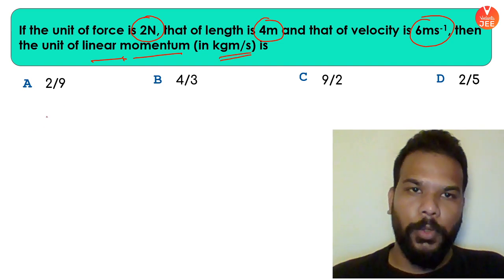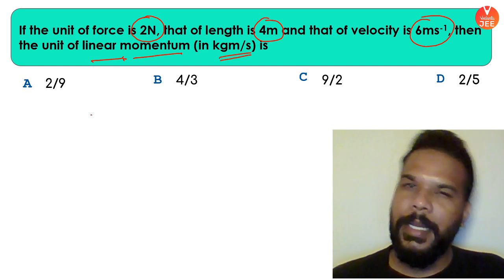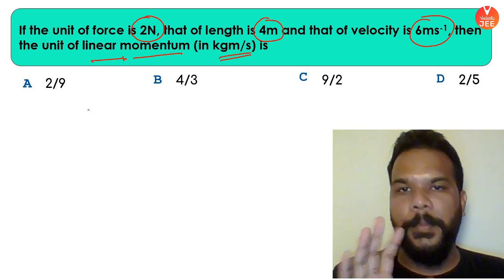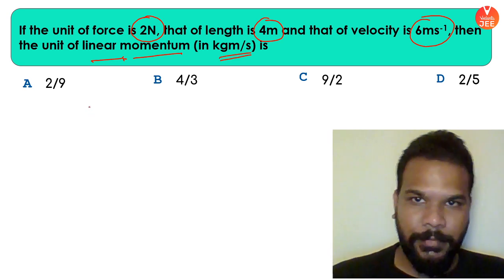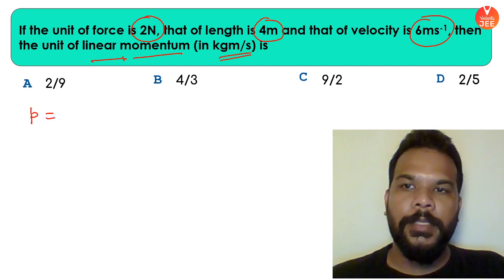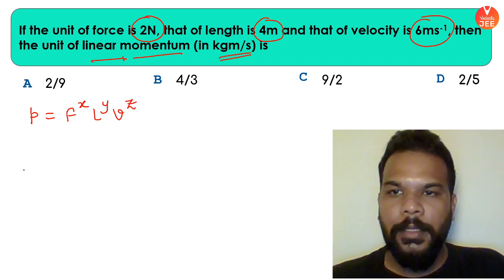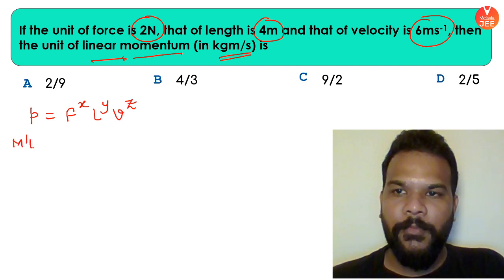Okay, guys, now first of all, we need the same approach here. First, I'll try to find out the dependence of momentum on force and velocity. So I say that momentum, that is P, is going to be force to the power x, length to the power y, and v to the power z. The momentum is given as M^1 L^1 T^-1.